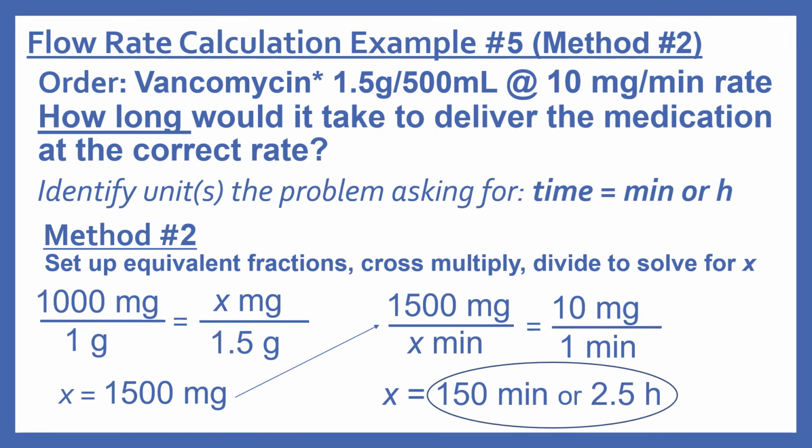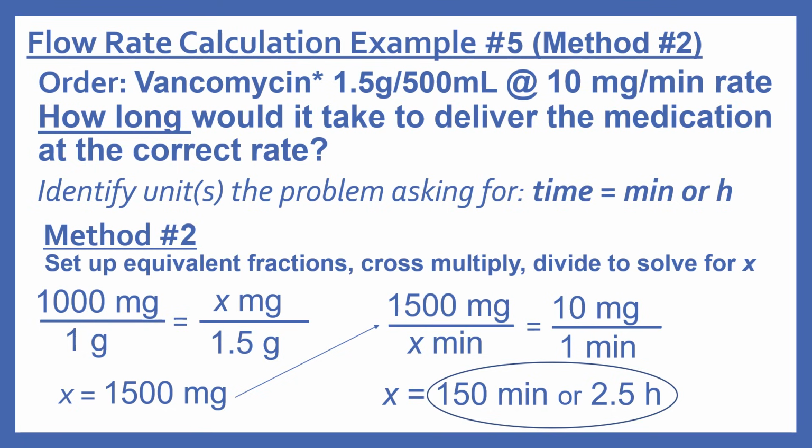Okay, now we'll look at example number 5 with method number 2. So we have vancomycin 1.5 grams per 500 milliliters at 10 milligram per minute rate. How long would it take to deliver the medication at the correct rate? So identify our units. It's asking how long, so this is going to be time, either minutes or hours.